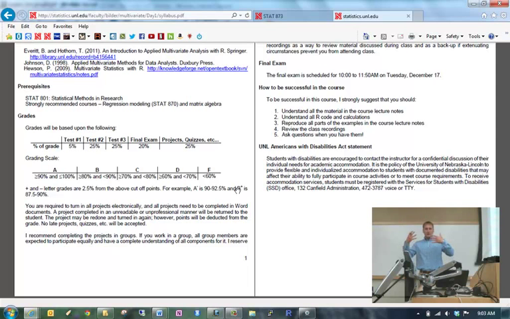Typically, that means that for a test, you would definitely do C or lower, probably D or lower. This is what I typically see. It doesn't happen in every case, but usually a student's project grade is higher than their test grade, unless they are scoring extremely high on both projects and tests.